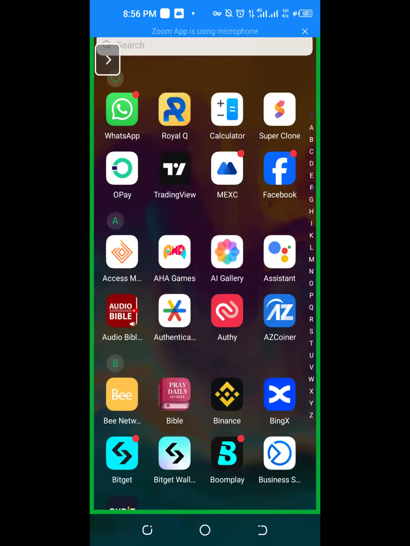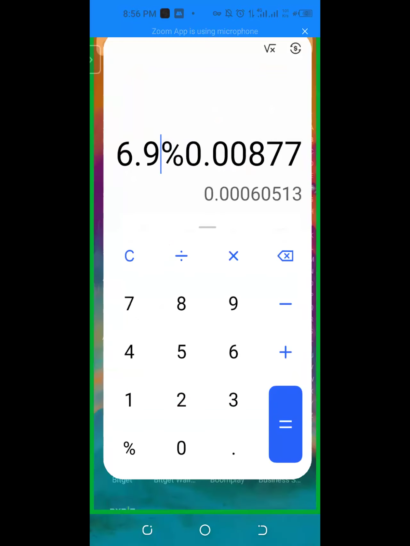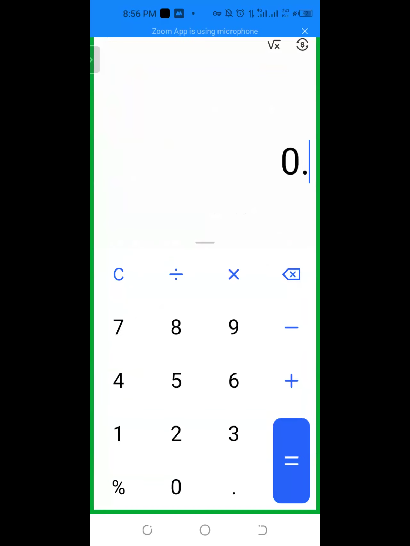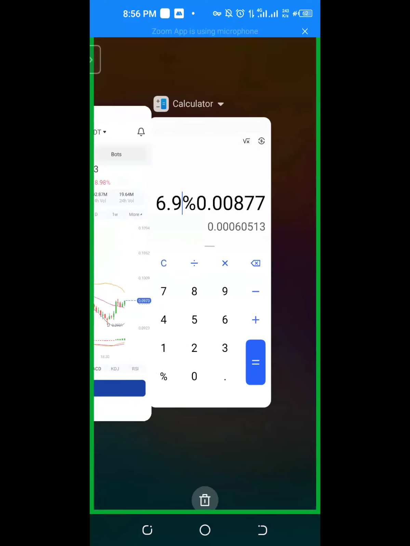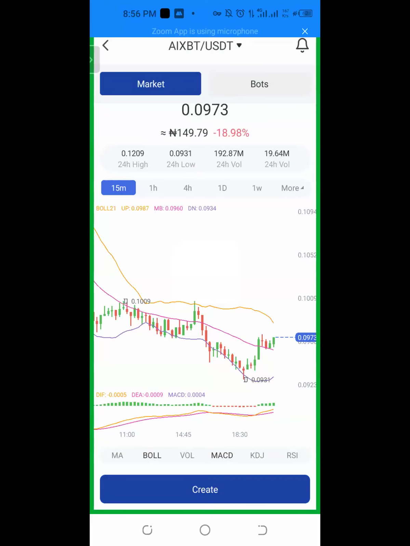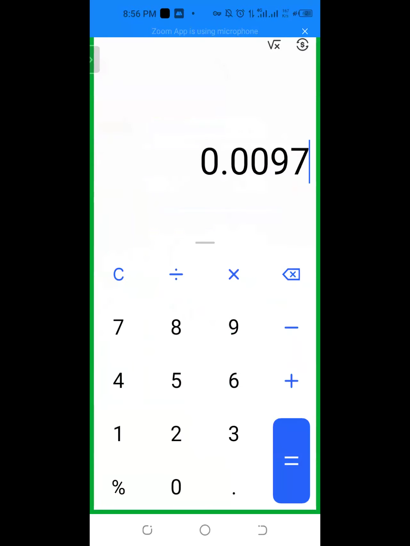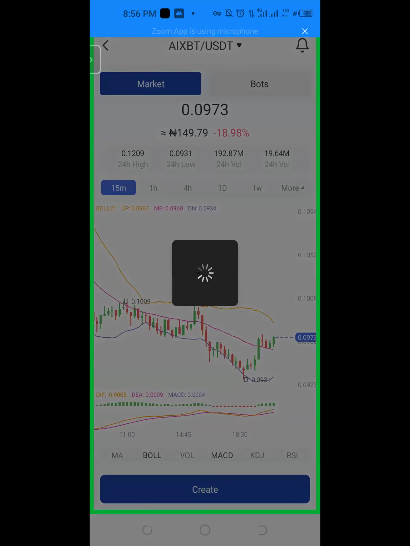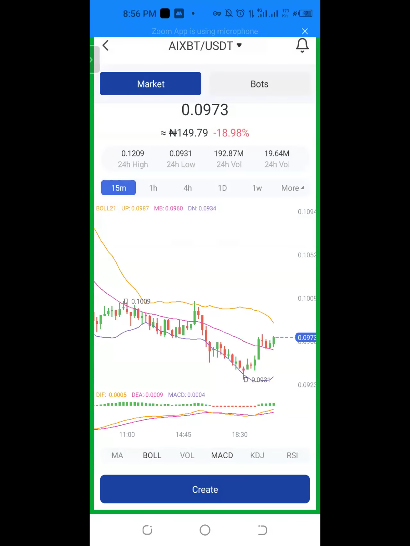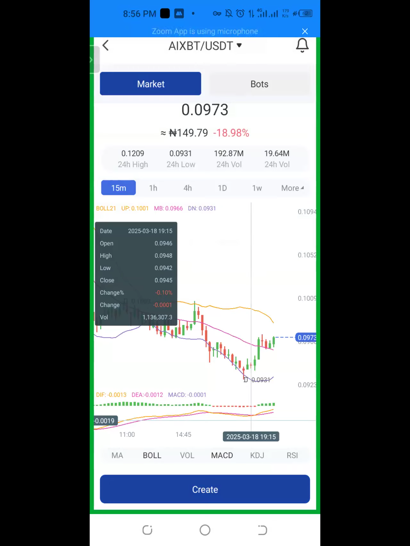I don't want to use TradingView. So the current price is 0.0973, minus the price when the golden cross happened. I'm putting my finger on when the golden cross happened. The candle there opened at 0.0946.